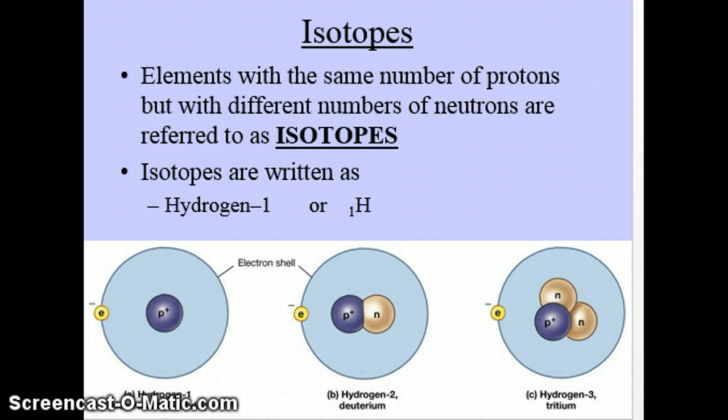If the one on the left and the one in the middle contain the same number of protons, which they do, but contain a different number of neutrons, which they do, we call them isotopes. I must show you 2 atoms or describe 2 atoms to you in order for you to know that they are isotopes of each other. So for example, if the one on the left and the one on the right contain the same number of protons but a different number of neutrons, which they do, they therefore are called isotopes.